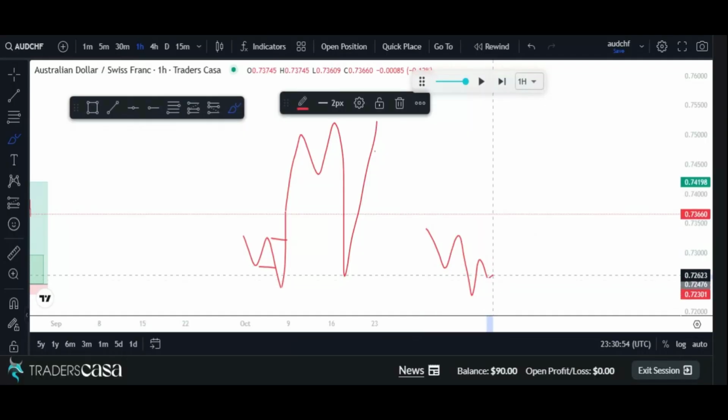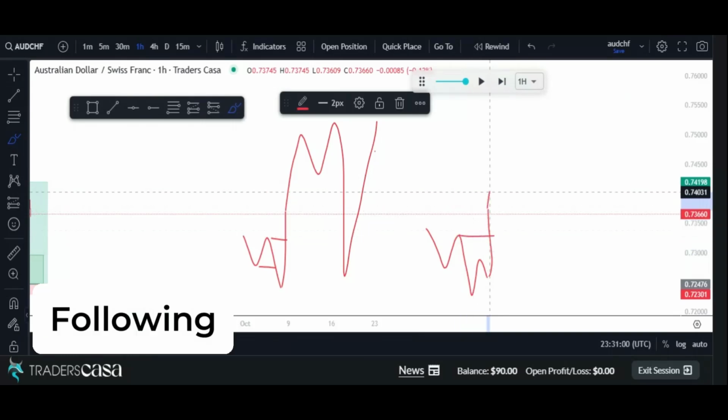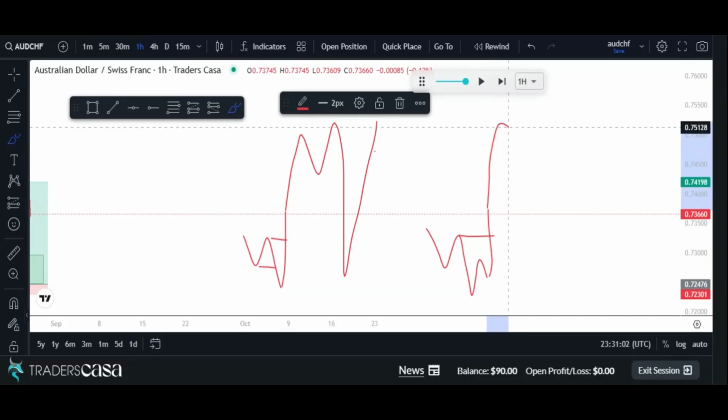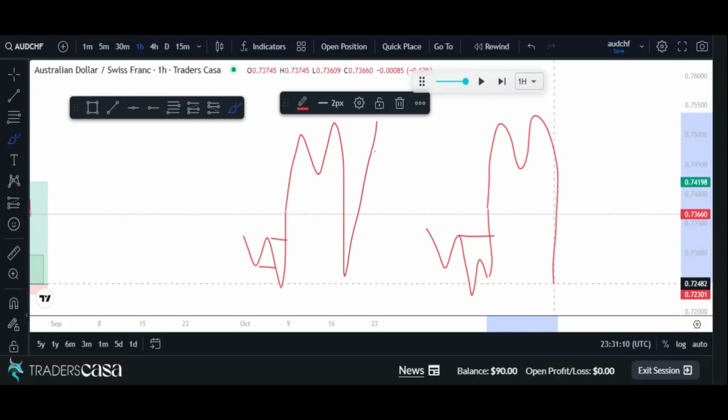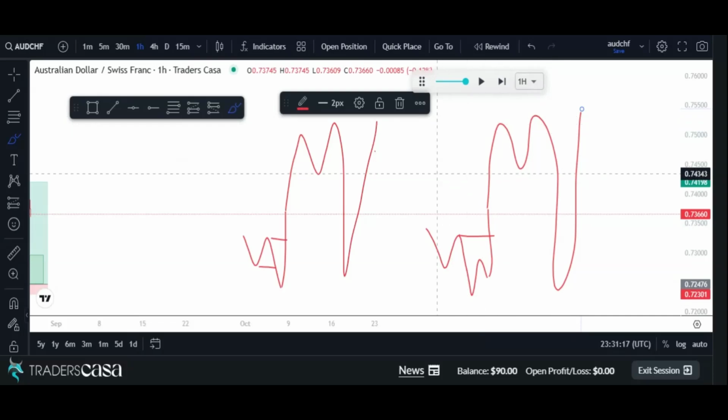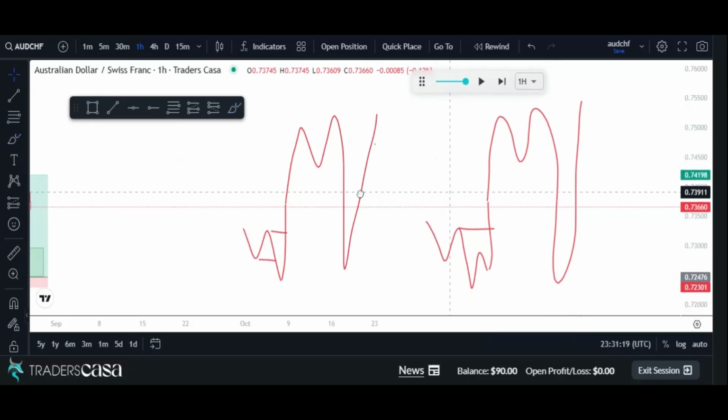Then price will buy all the way up, then give you an inducement, then take out the structural liquidity and react from your main low and went up.